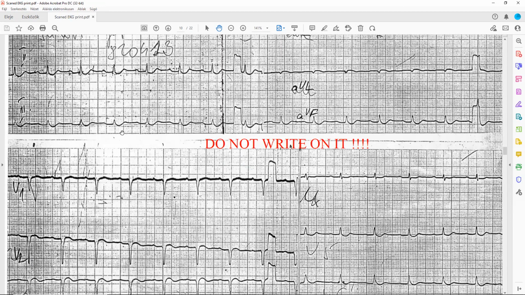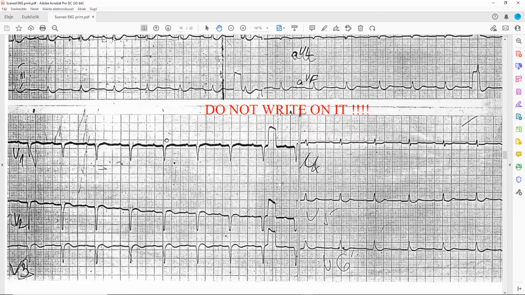Next one. Can you see pathological Q waves? Yes, I can see dips from V1 to V3. Yes, we do see QS complexes in V1, V2 and V3.